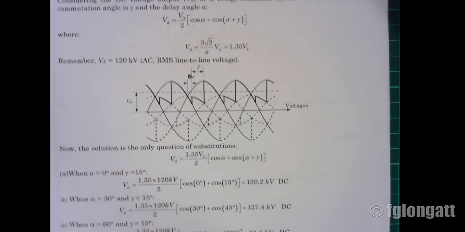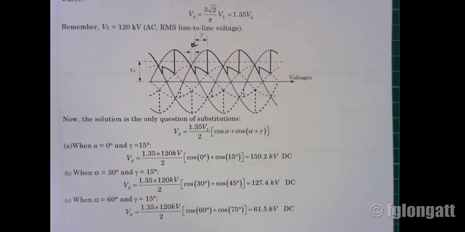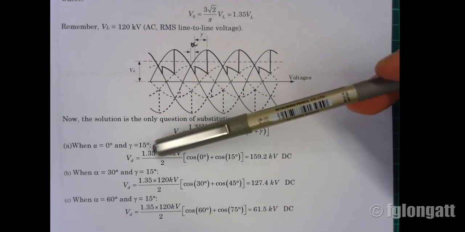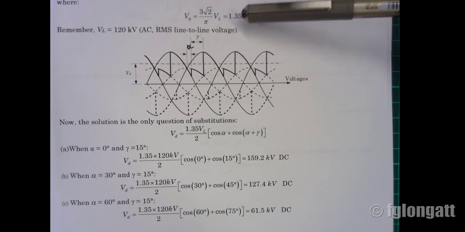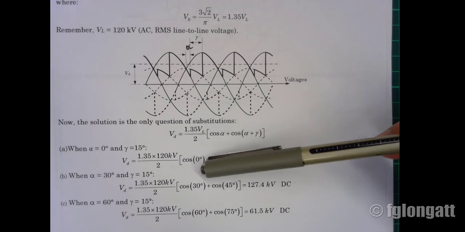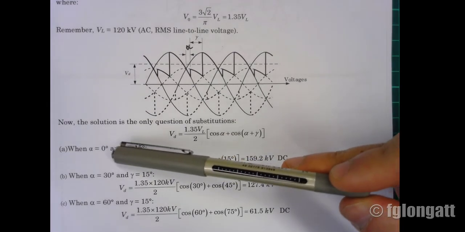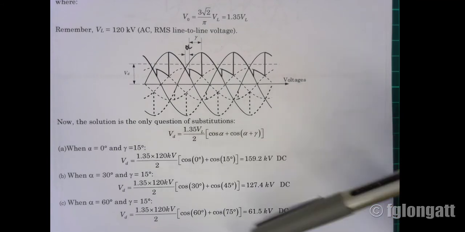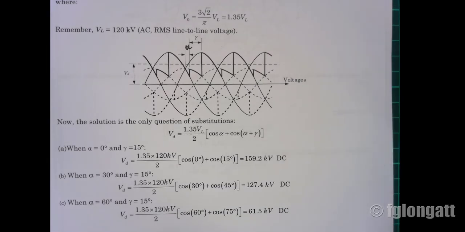It's just a question of substitution. Okay. If you look over here, I have the same expression, 1.35, that is the constant that I was talking about, multiplying the 120 kV line to line on the low voltage side of the transformer, divided by 2, cosine of alpha, and in this case we have alpha equals 0, and gamma equal 15, and as a consequence in this sum over here we have 15 degrees.